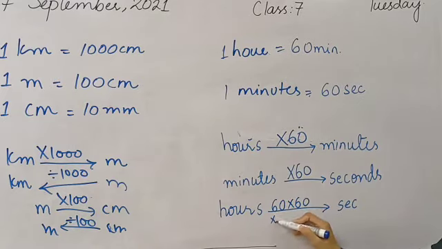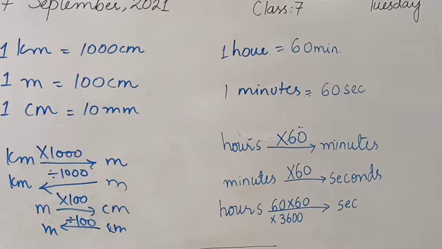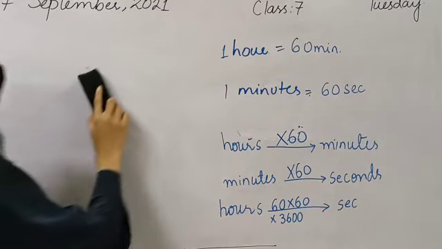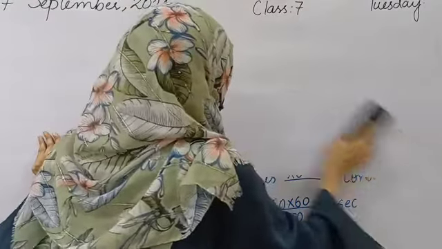So you will simply multiply by 3600 if you want to go directly from hours to seconds. Okay? And vice versa. So note down these conversions in your copies so that you'll be able to do questions. Note down these conversions in your notebooks. Okay.